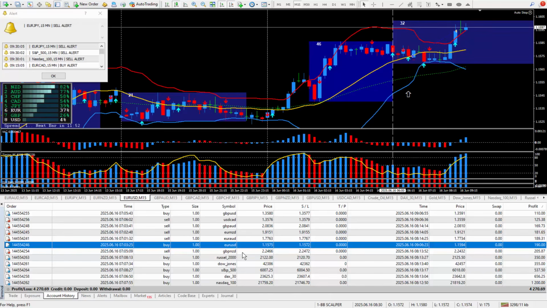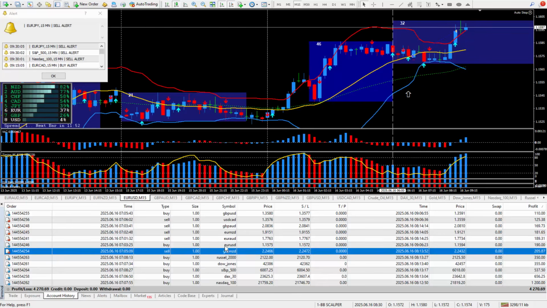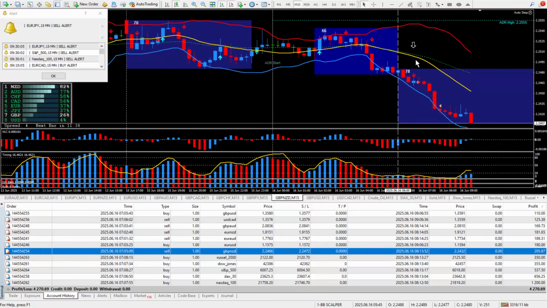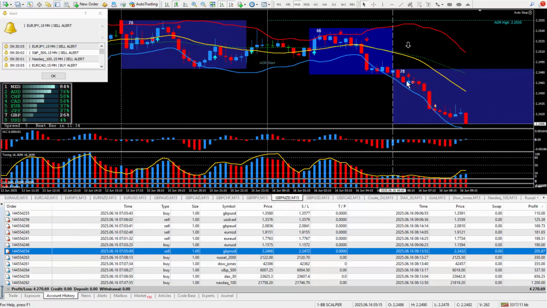Moving right along to the next trade, pound New Zealand. Let's drag and drop this up, see where I got in at. Another one I sold. Everything looking good. I explain every one of these indicators and the story that they tell.